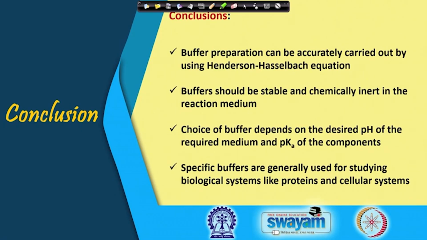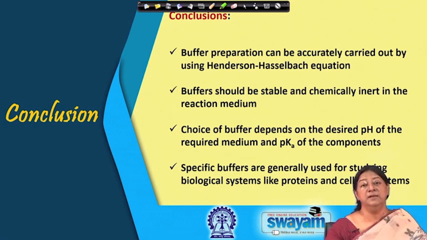The buffers used should be stable and chemically inert in the reaction medium. The metal ions present or any components of the specific biochemical reaction should not interfere with the components present in the buffer. For example, as was mentioned a while ago, when we are using the phosphate buffer, it is very essential to adjust the pH by adding either phosphoric acid or sodium hydroxide so that no additional ions are present in the solution.